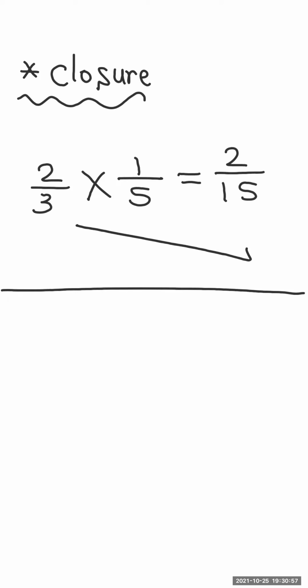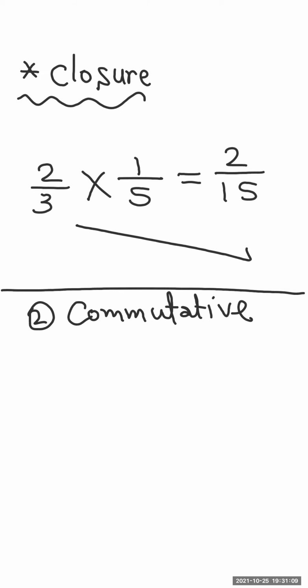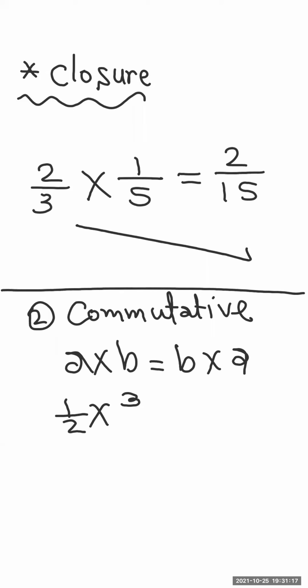Okay, then the second property, it was like on addition, commutative. Commutative means what? Means A times B equal B times A, nothing more. 1/2 times 3/5 equal 3/5 times 1/2.